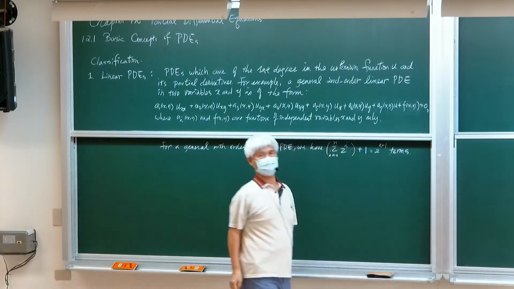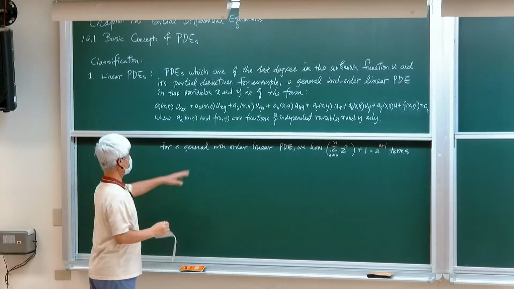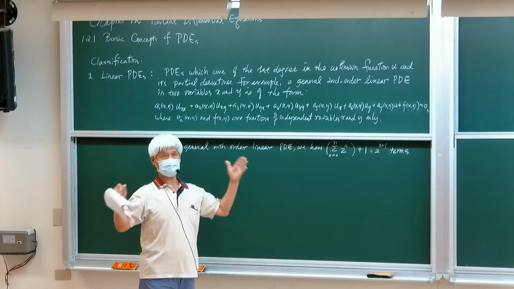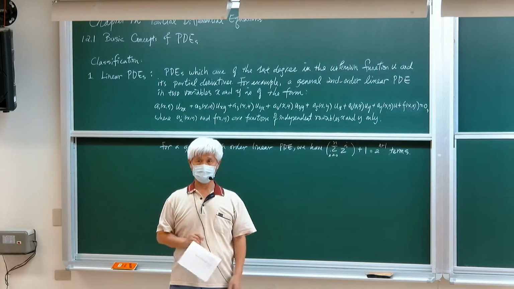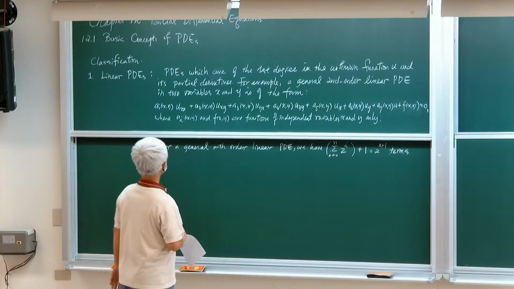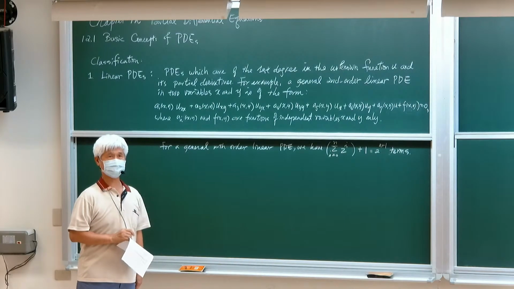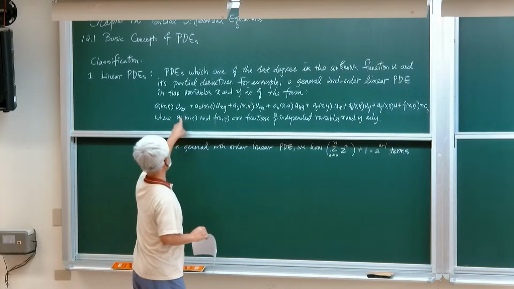Okay. So for an nth order linear PDE, in general we have 2 to the (n+1) power minus 1 terms. Any questions? And the coefficients.